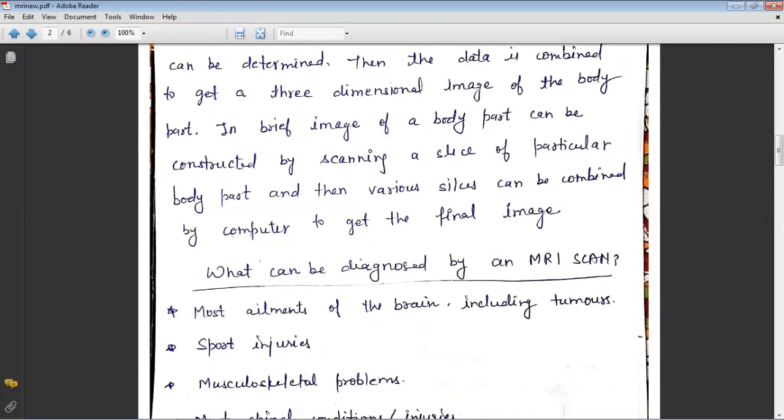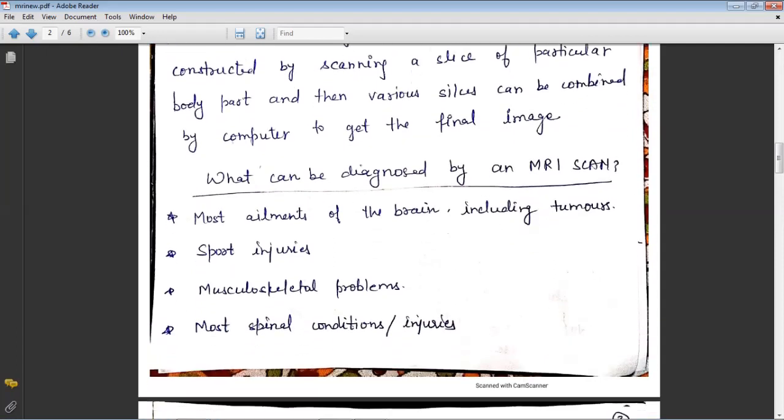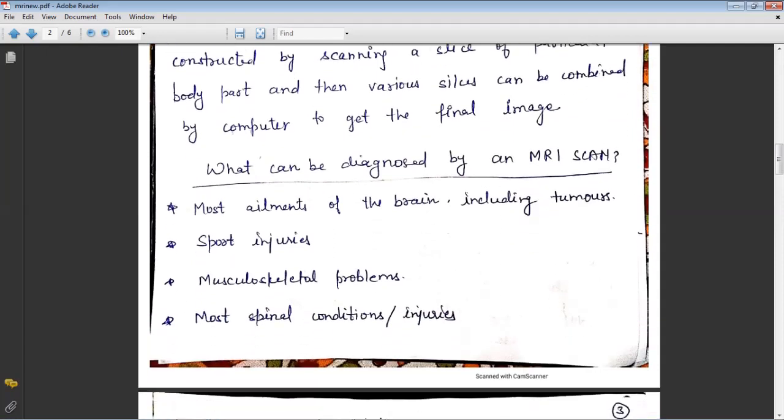Now, what can be diagnosed by an MRI scan? There are some points. The first point is most malignancies of the brain, including tumors.